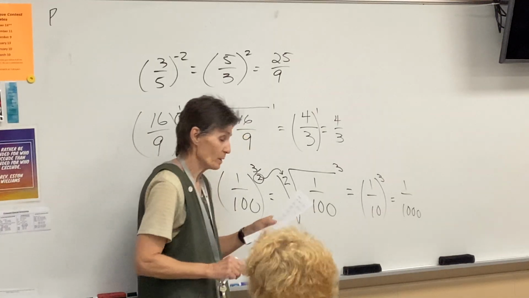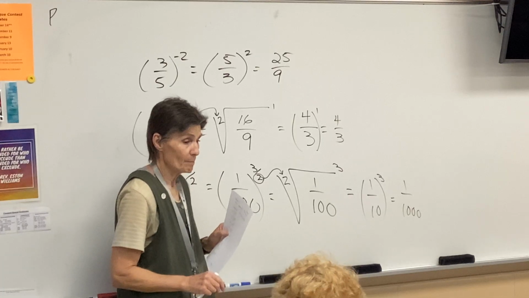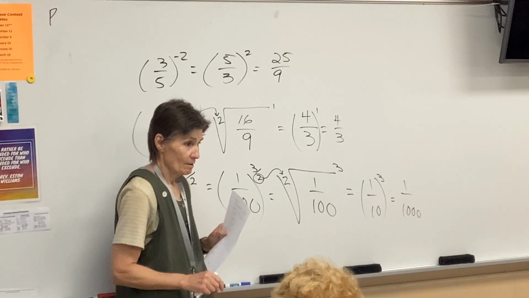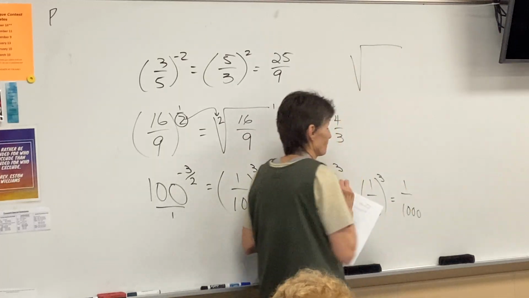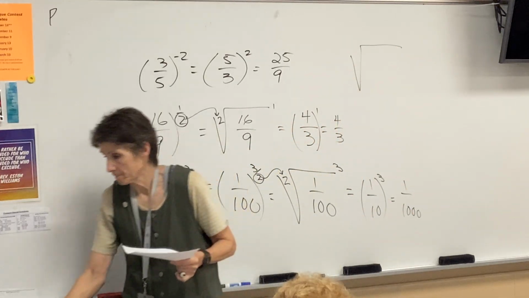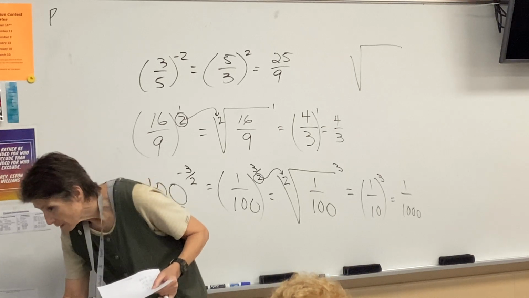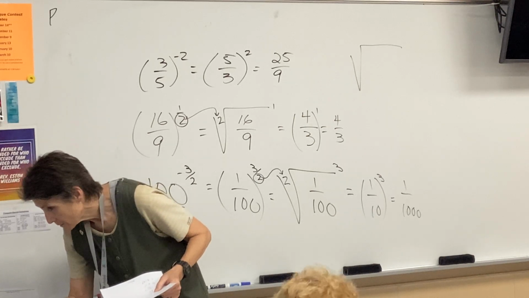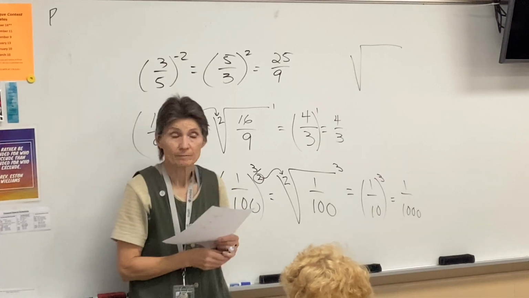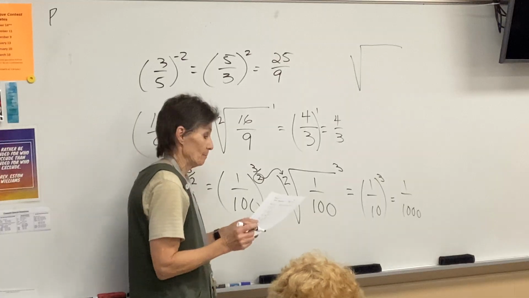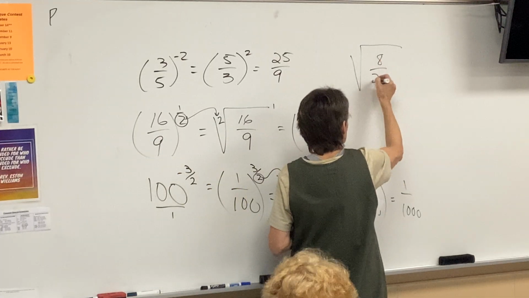All right, you do the next one, number 4. No negative this time, but you have a fractional exponent, so you know you're going to have a radical. See if you can figure it out. Did you put 8/27 under the radical?